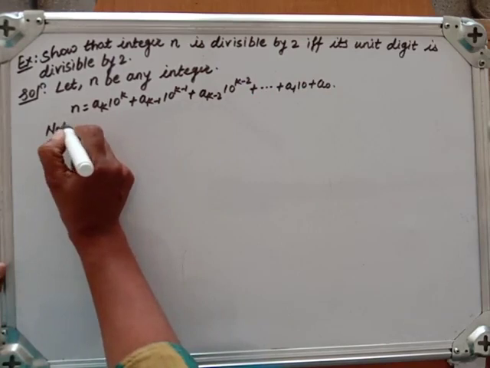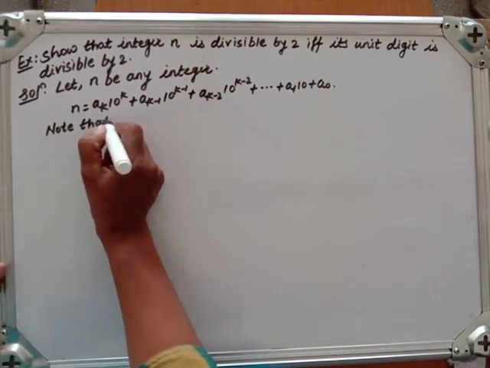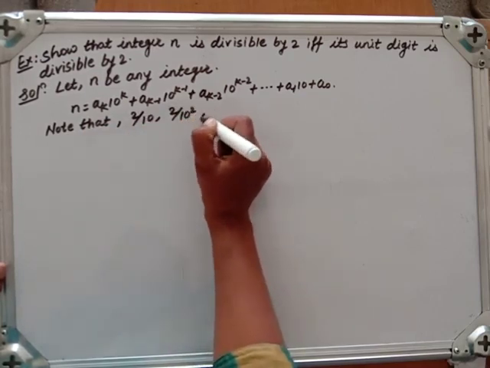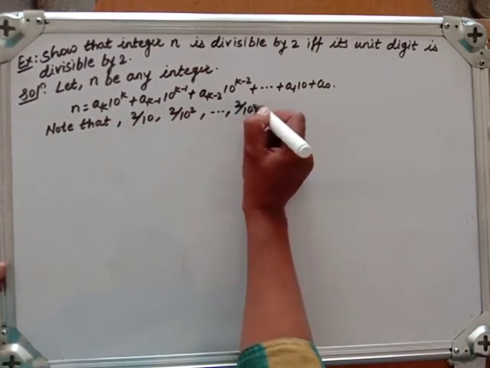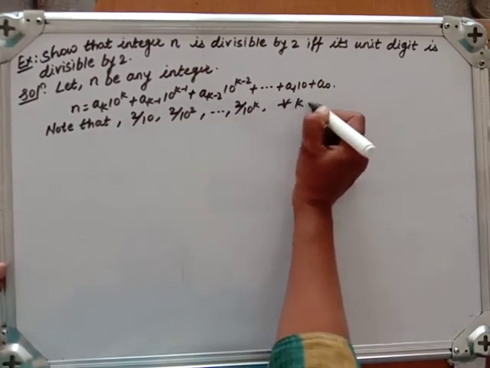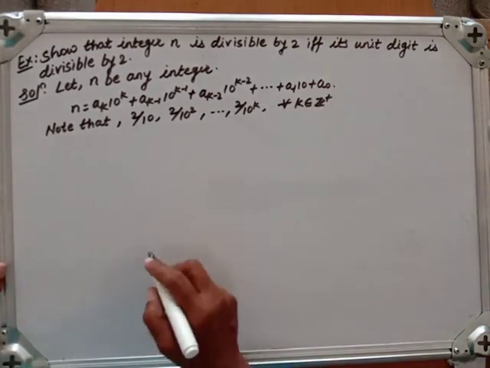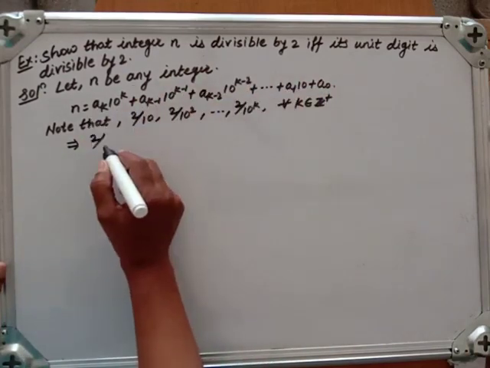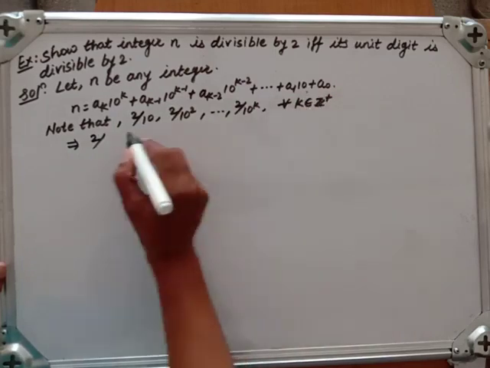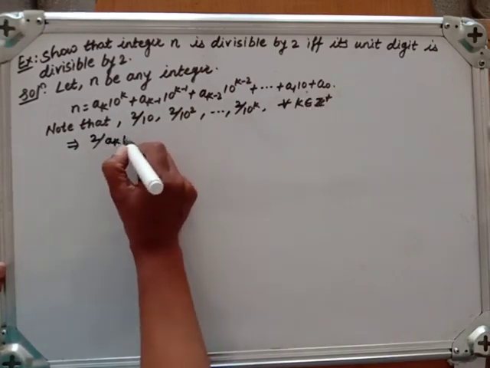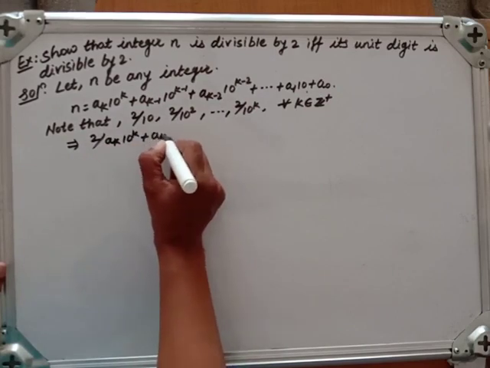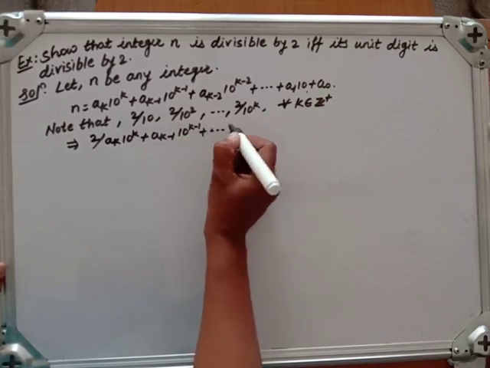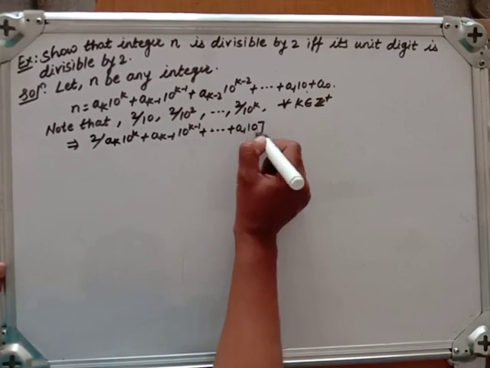Note that 2 divides 10, 2 divides 10 square and so on up to 2 divides 10 raised to k, for all k in the set of positive integers. This gives us 2 divides this addition also: 2 divides ak 10 raised to k plus ak minus 1 10 raised to k minus 1 plus and so on up to a1 into 10.